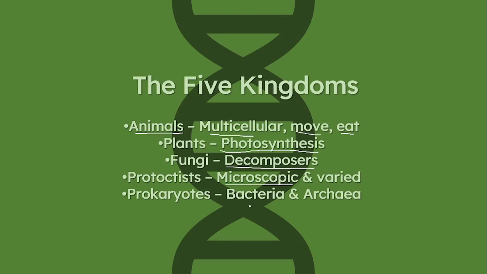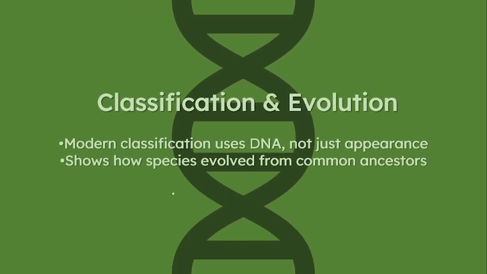Prokaryotes are single celled, for example bacteria. Everything living fits into one of these five groups overall. I've mentioned five of these kingdoms, and every living thing fits into one of these five groups.